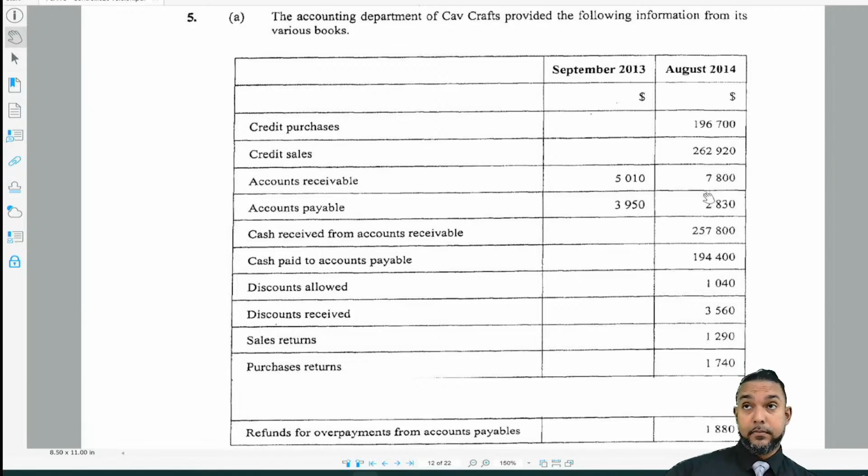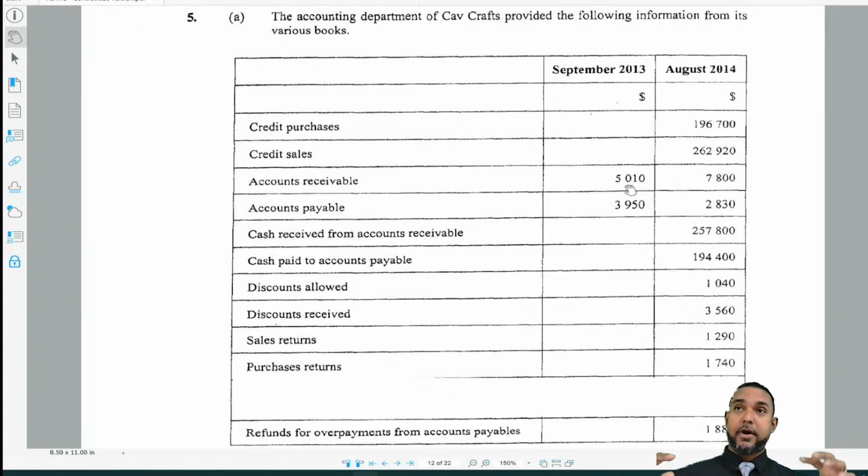Credit side. On the debit side after, yeah. Right. So the opening balance is brought down there, and then the closing balance is brought down there after you close off.